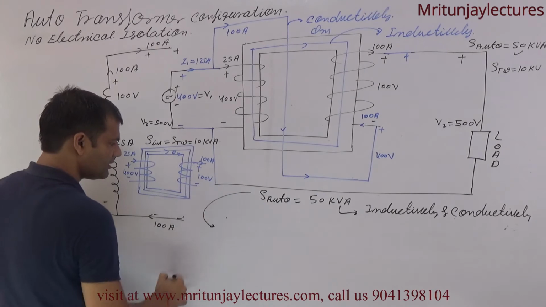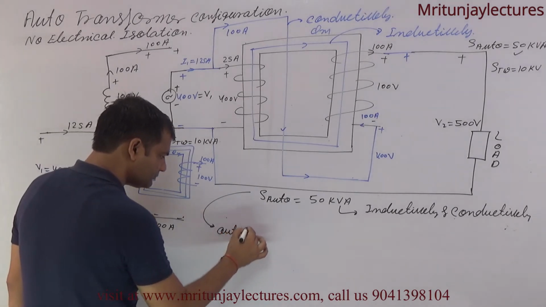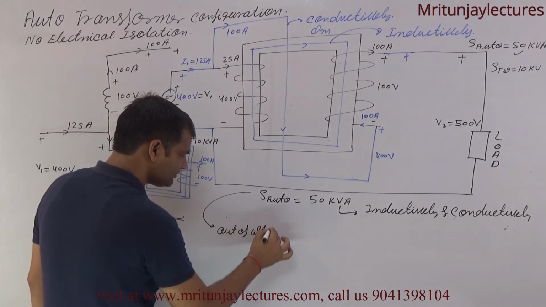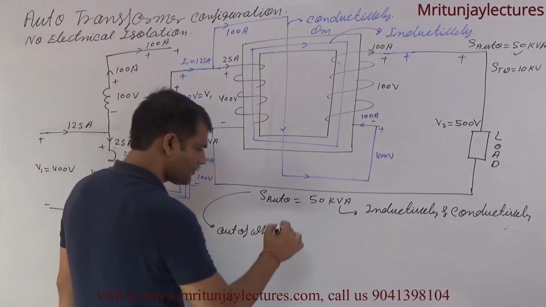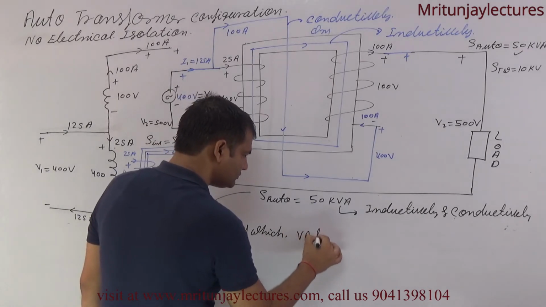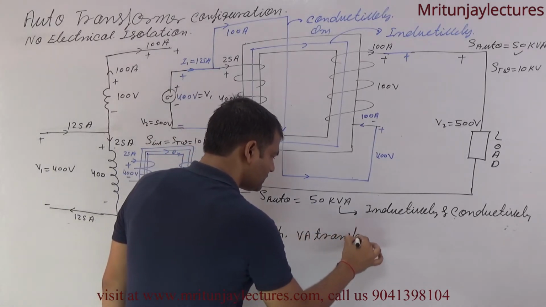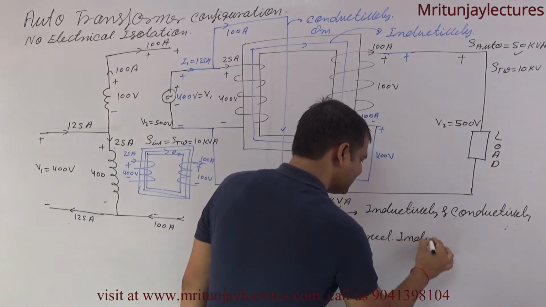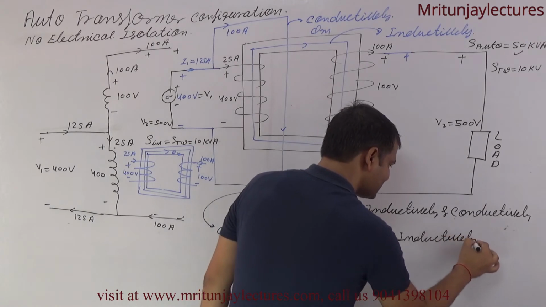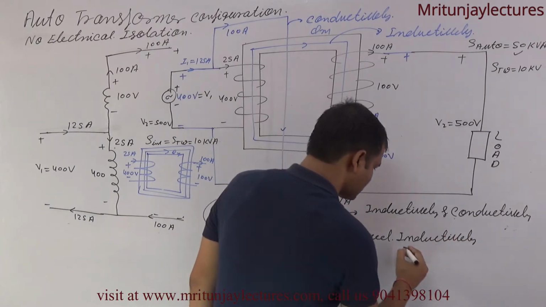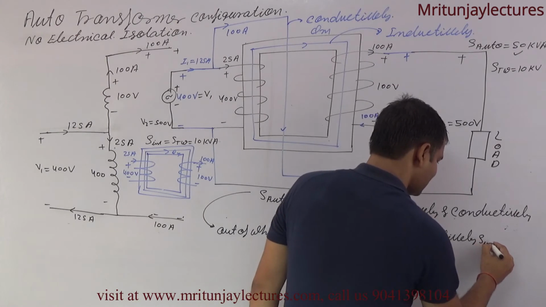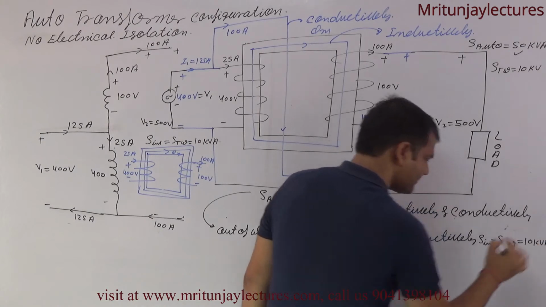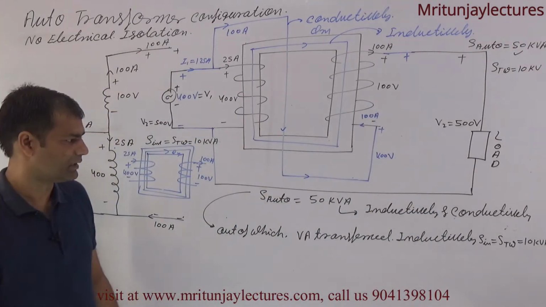So out of which, VA transferred inductively is 10 kVA. Clear? That is 10 kVA.